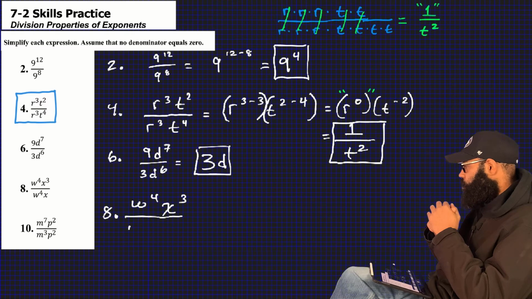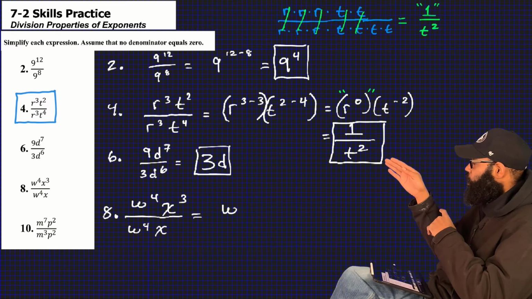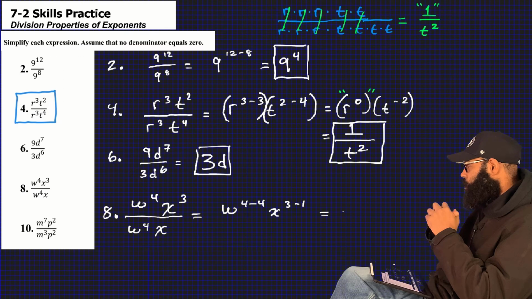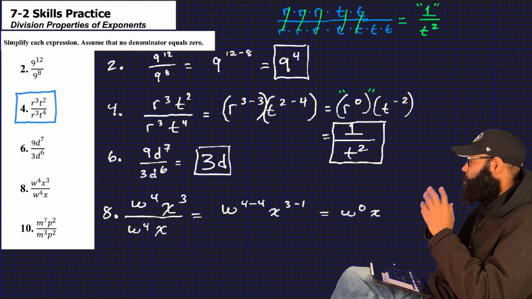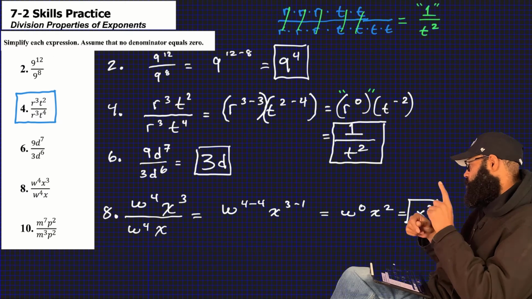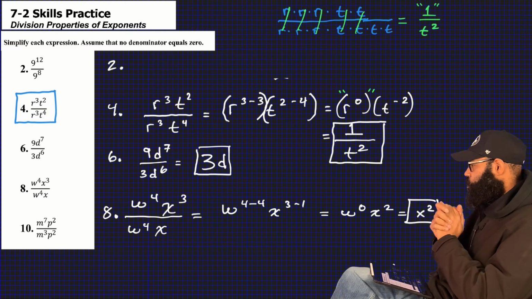And in the denominator, W to the 4th, X. Well, all the W's in the numerator are going to cancel with all the W's in the denominator. So 4 minus 4 and X to the 3rd minus 1. So I'll have some more left in the top. W to the 0 power, we see that again. And of course, X squared, well, W to the 0 is 1, so you're just left with X squared.